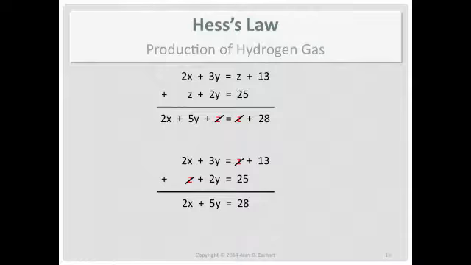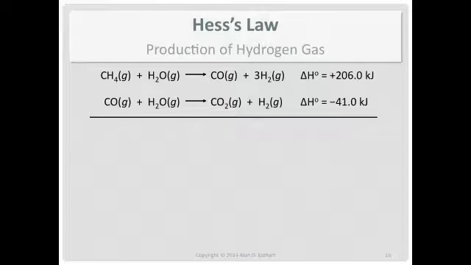So let's use that idea with the thermochemical equations that we're adding. So the sum of these two is just adding them up. So let's add up the reactants and then add up the products.